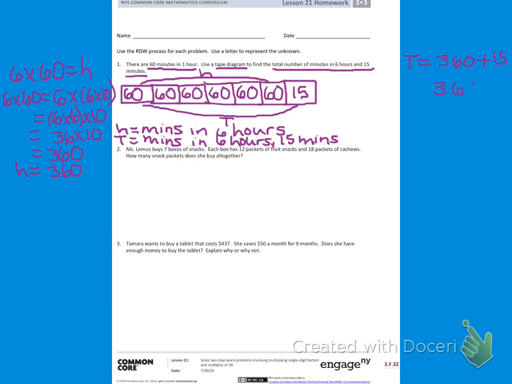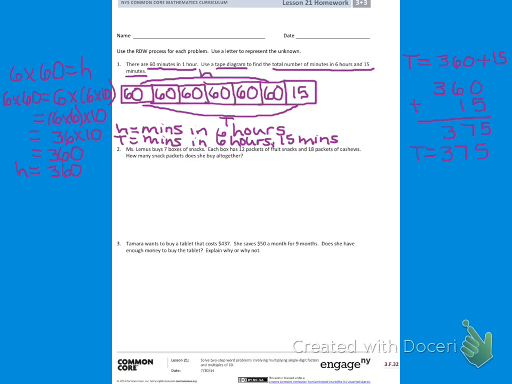I'll make sure I line up my numbers. I always have to line up my 1s and 10s in the right place so that I get the right answer. 0 plus 5 is 5. 6 tens plus 1 ten is 7 tens. And 3 groups of 100 plus nothing is 3 groups of 100. So T equals 375.